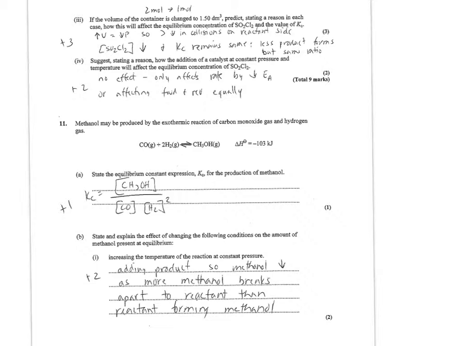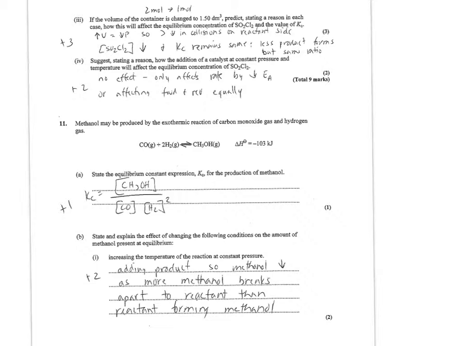In this case, the reactant side is more crowded. So the reactant side is going to see the greater decrease in collisions, which means products are now going to have the greater number of collisions. Instead of being equal, products are going to have a greater number of collisions, and some of that product is going to become reactant. So the concentration of SO2Cl2 will decrease as the equilibrium shifts to the left. Kc is going to remain the same, however.